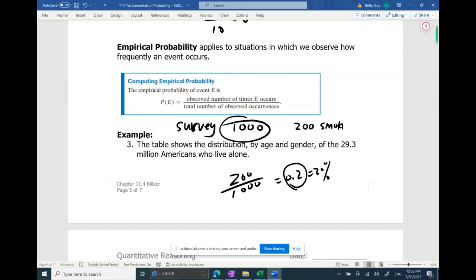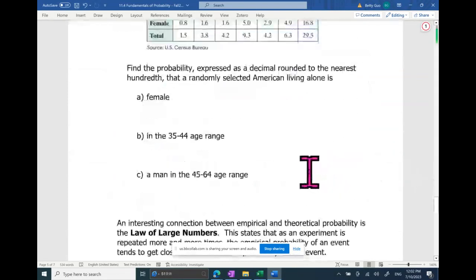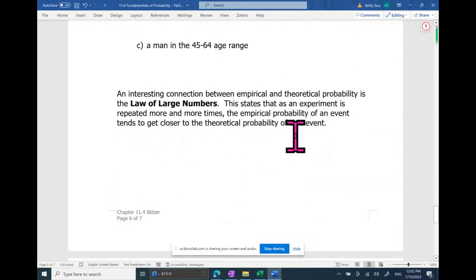We could only estimate. The estimation is based on the law of large numbers. It states that as an experiment is repeated more and more times, the empirical probability of an event tends to get closer to the actual probability of that event.